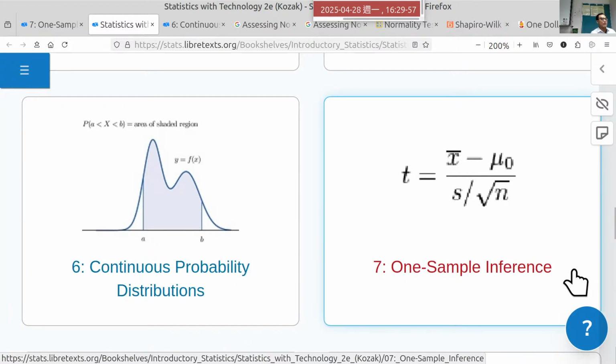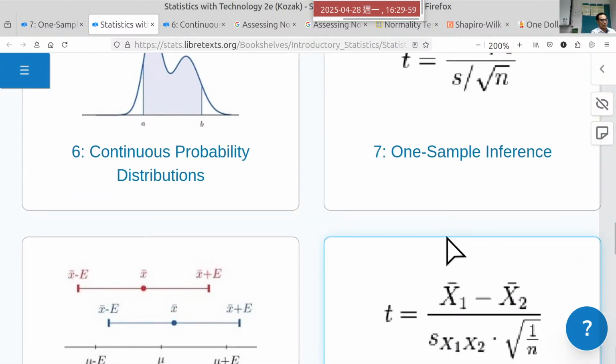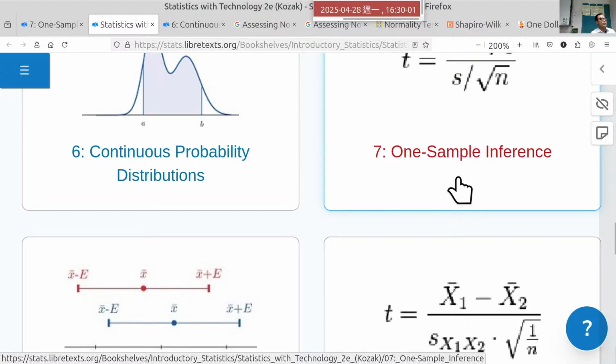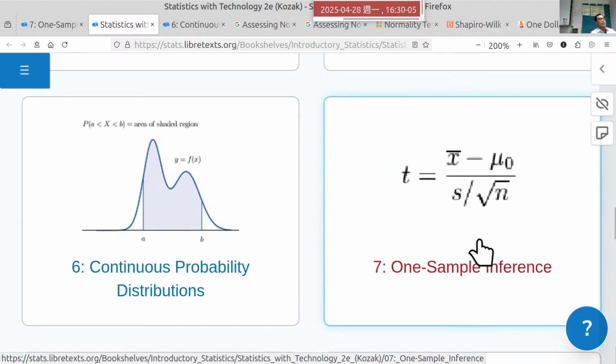And now we are moving to chapter number 7, one-sample inference. In short, what does sample mean? Sample is in contrast to population. Population means the whole, the complete set of items or people.